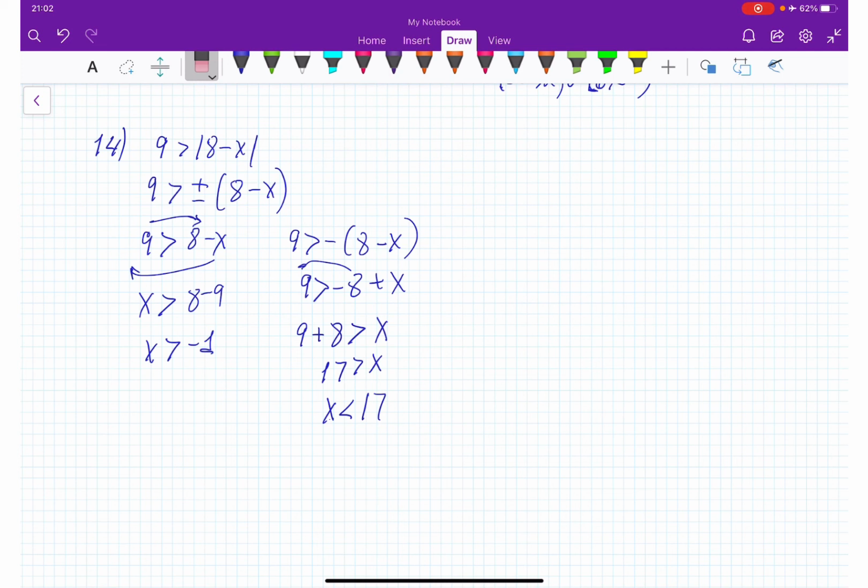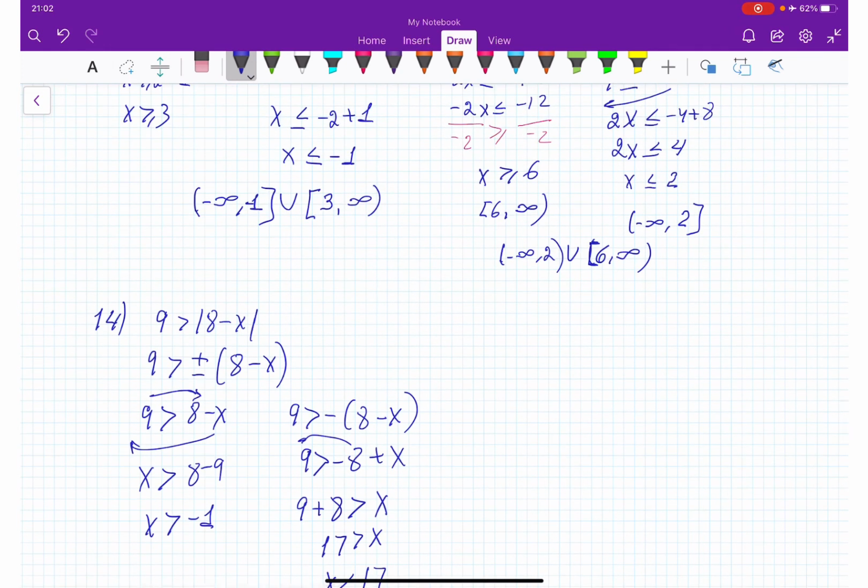So, and x is greater. So instead of going separate, they are coming into within one interval, which means we have here greater than -1, equal sign is missing, we put parentheses, and less than 17. See, it's going inside, while for this one, this is -1, it comes this way, right?